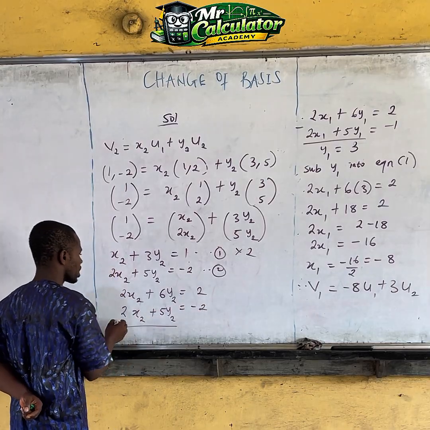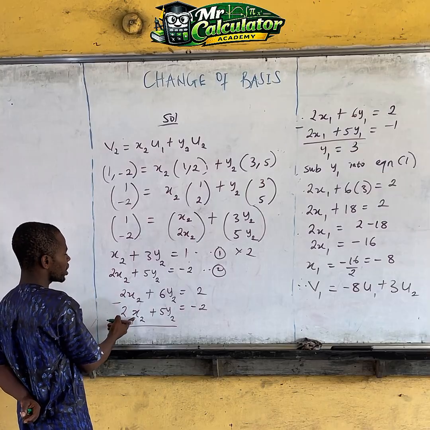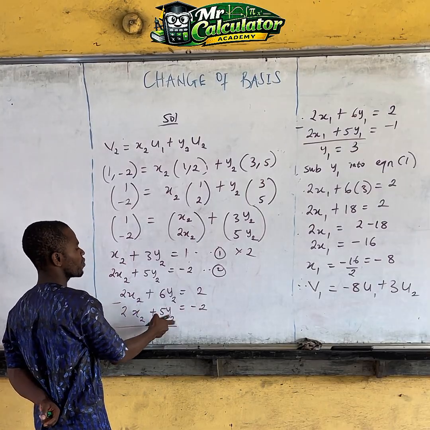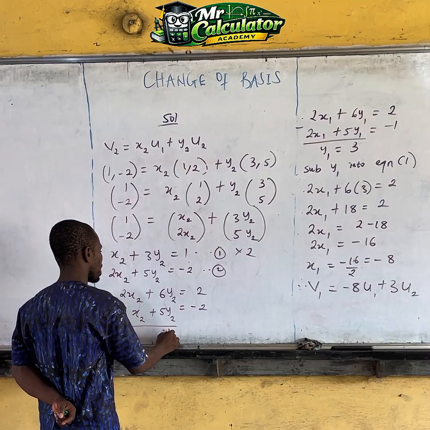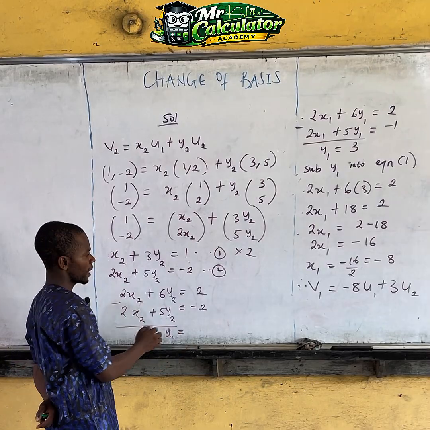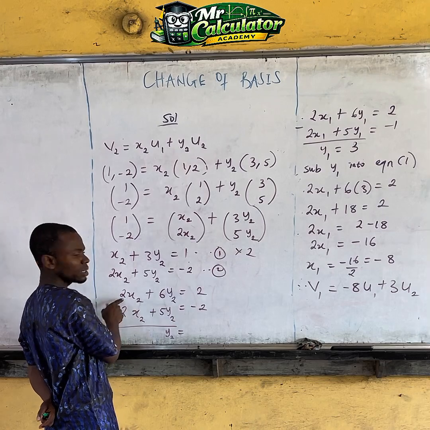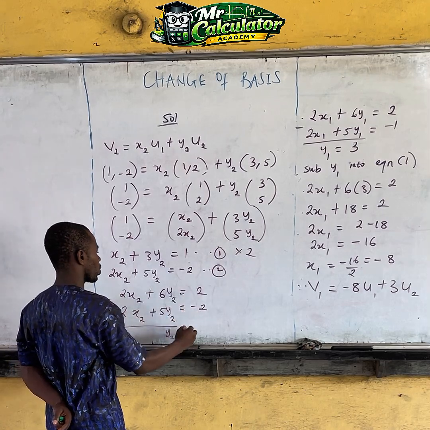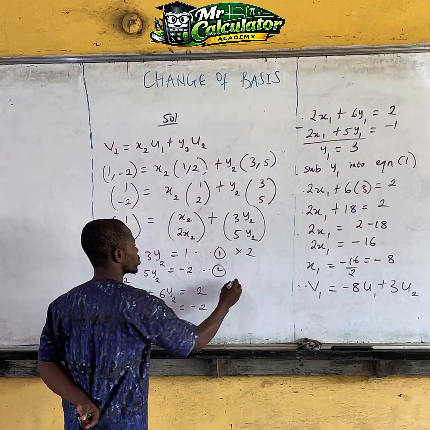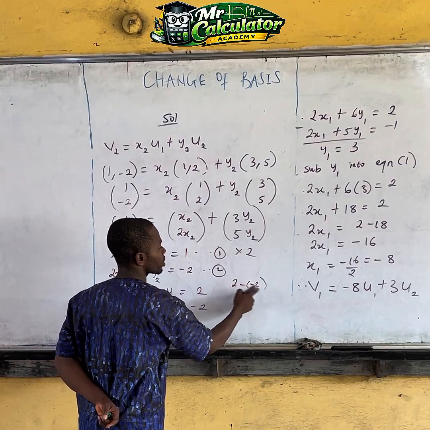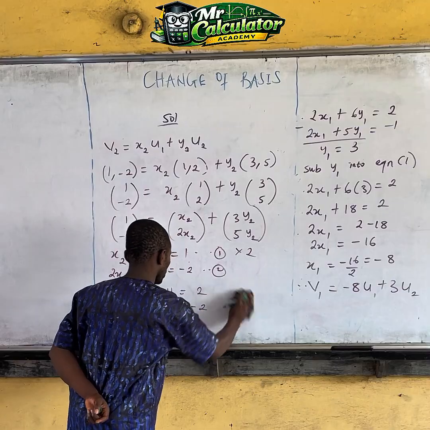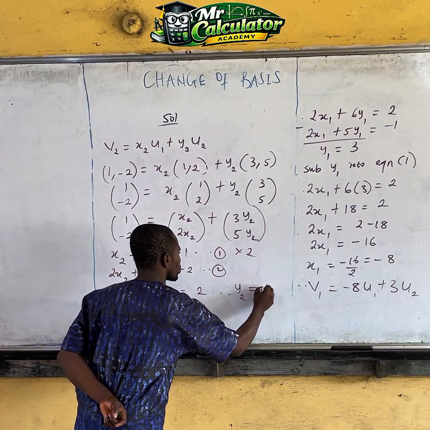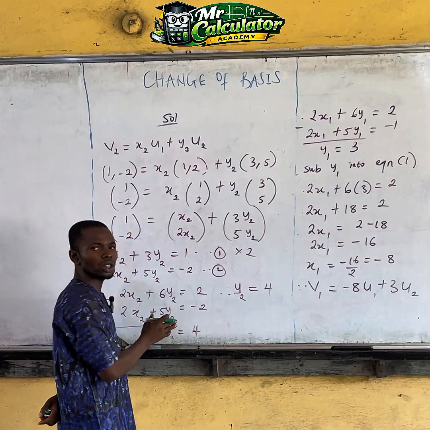So to eliminate x2: 2x2 minus 2x2 is 0, 6y2 minus 5y2 is y2, equal to 2 minus minus 2. Don't forget, the minus will affect everything. Minus times minus is plus, so 2 plus 2 is 4. So in conclusion, y2 is equal to 4.